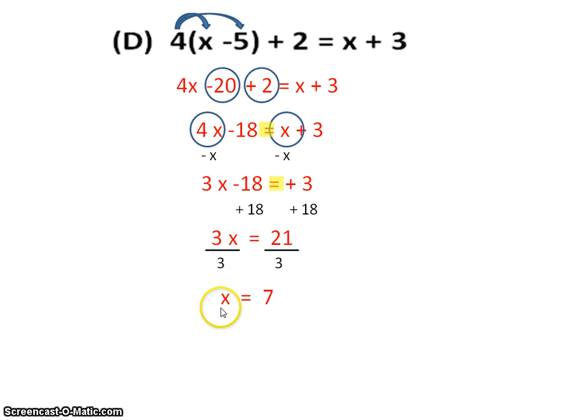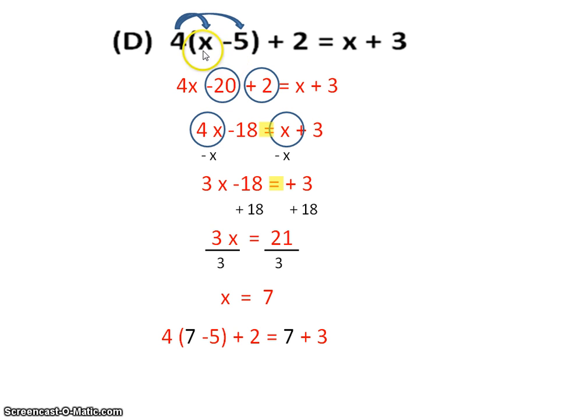Now we can go back into the original equation, substitute 7 in for x to test whether 7 is the actual solution. So the original equation is 4 times x minus 5 plus 2 equals x plus 3.